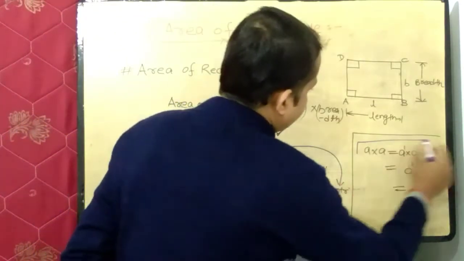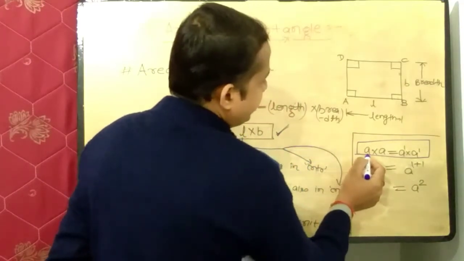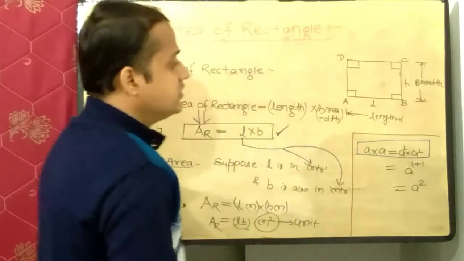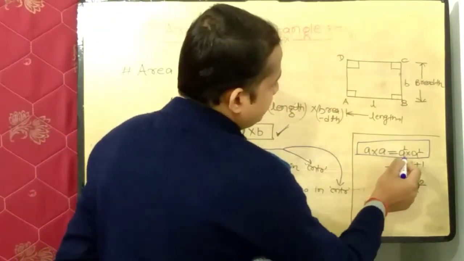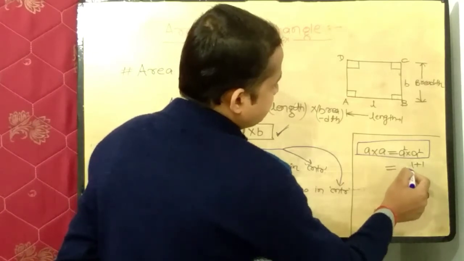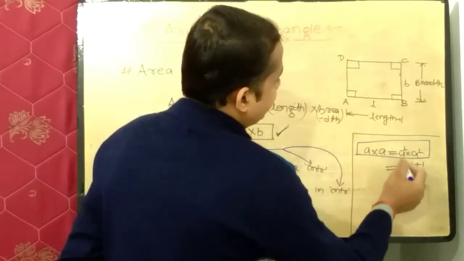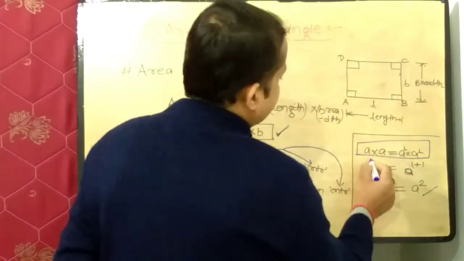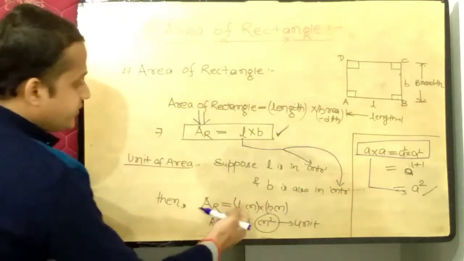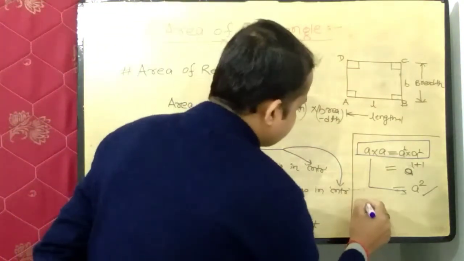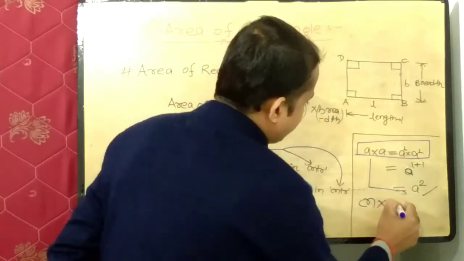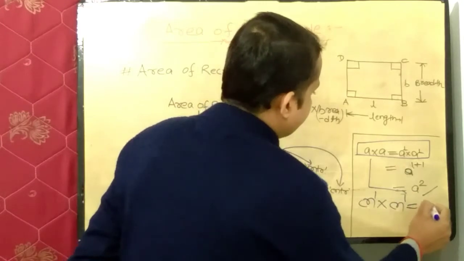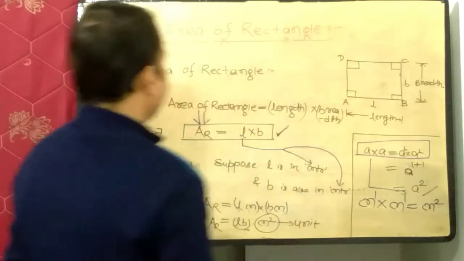Because if two numbers with the same base are multiplied, the common base appears and the powers get added up. So a into a equals a square. Similarly, meter into meter equals meter square.